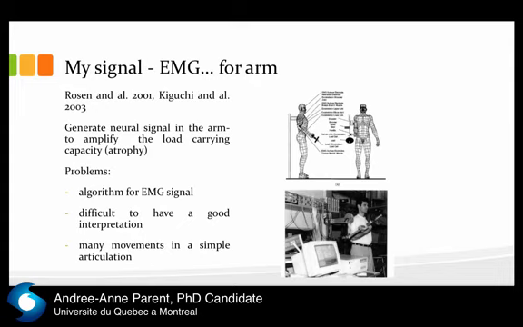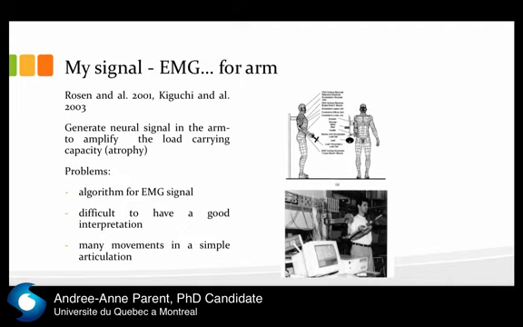So it's a general signal in the arm to amplify the load carrying capacity. In this case, the person can move the arm, but you amplify the load. You can take, I don't know, a mini rice bag, like I saw on YouTube. You can see it also on some exoskeletons, and you can amplify the load that someone can take. The problem is the algorithm for the EMG signal.